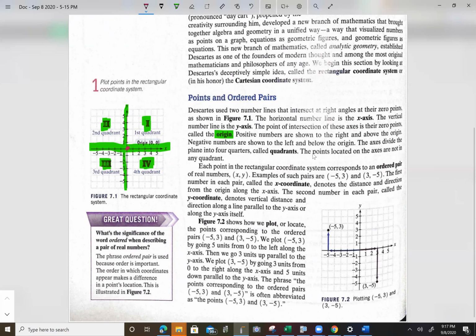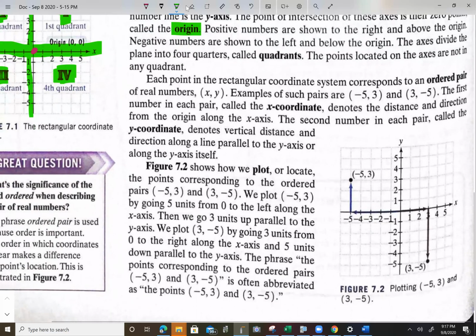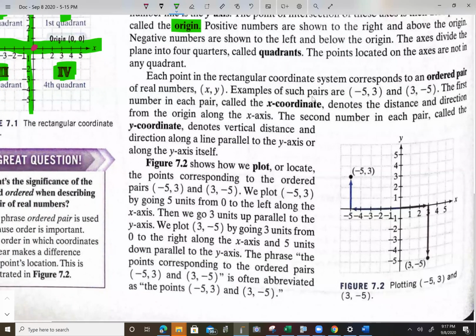Each point, they're just talking about ordered pairs, and ordered pairs is an x coordinate and a y coordinate, okay? You cannot just have one number to find a part of the graph. If you look at the graph down here, each of these points that are plotted have an x value, right? And I'll highlight that in green.